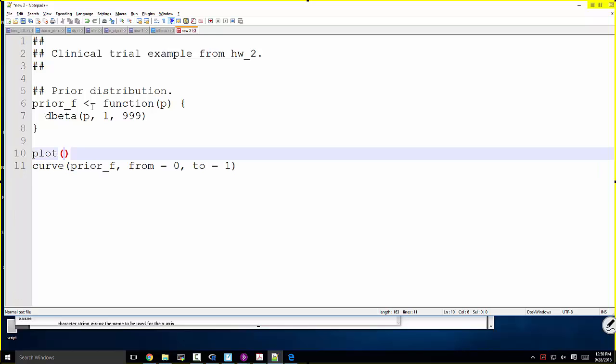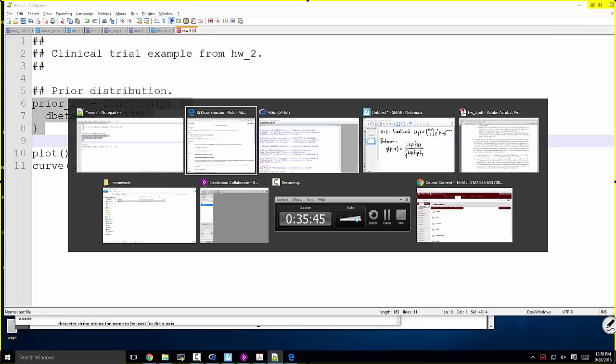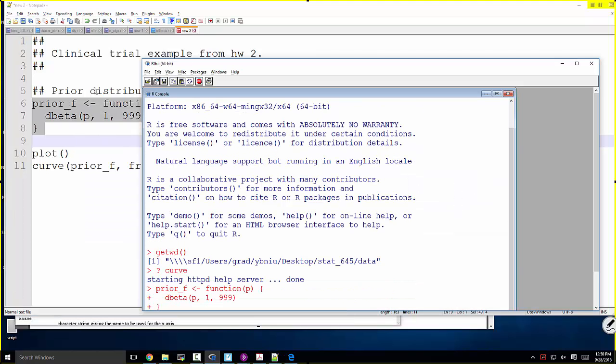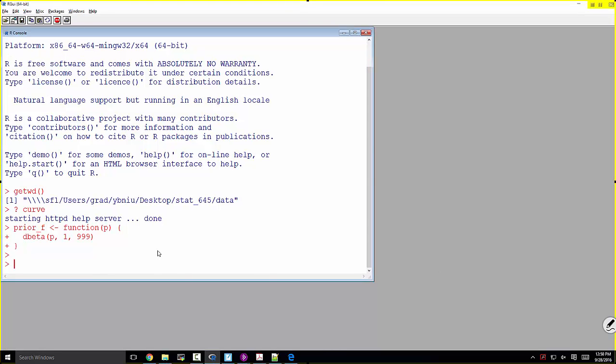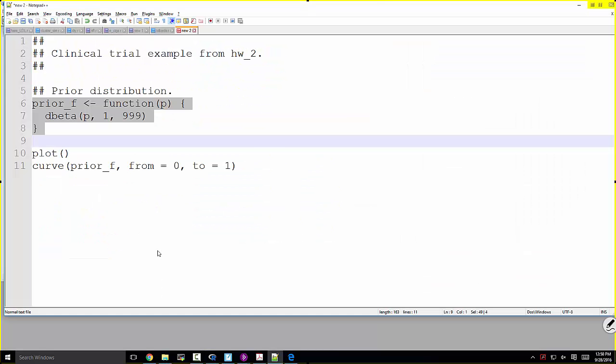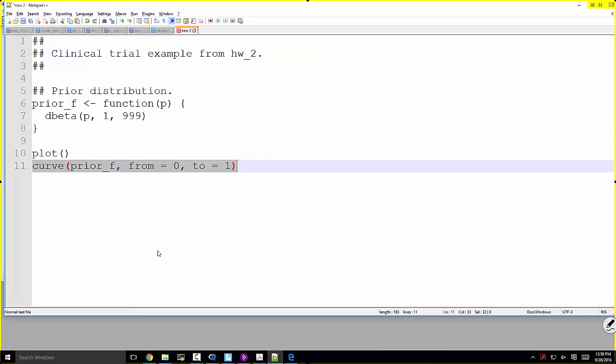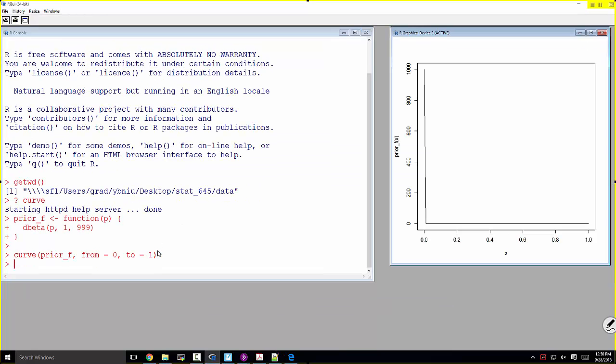In order to get a plot ready, actually this might work just fine without doing a plot. Let me check. Whoops, okay, that's all right. So prior f has been defined, and let me see if this works. It does, okay.